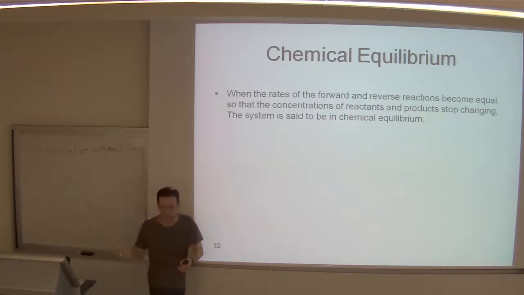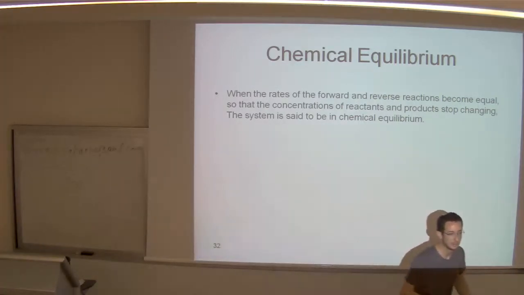So you have no change in the concentration. Yep. Does each product only have one set of reactants that it goes back to? Well, under certain conditions, you can write different chemical equations for the same set of reactants.